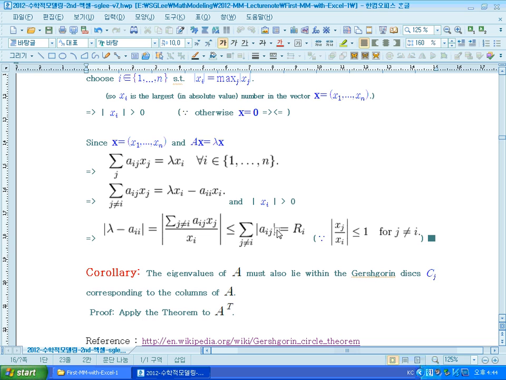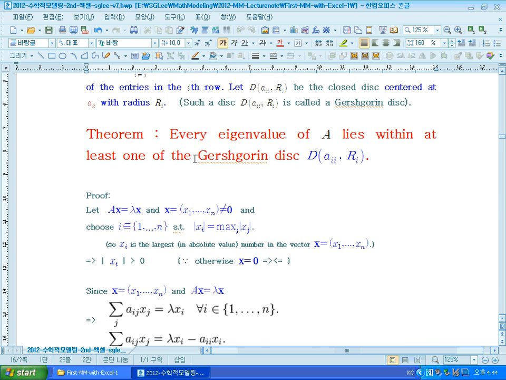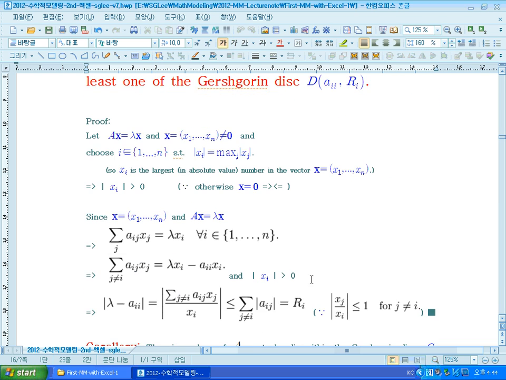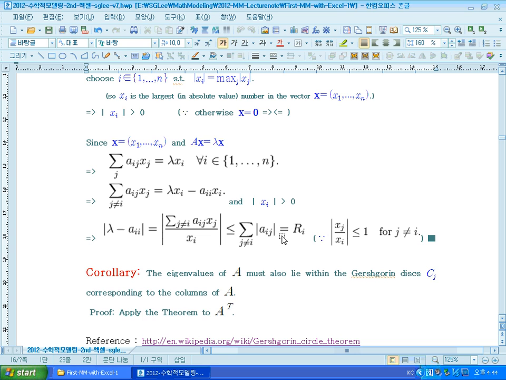From this fact, we have this inequality: the left-hand side is less than or equal to the summation of the absolute value of a_ij from j equal 1 to n except i. This is the ith deleted row sum from the definition.